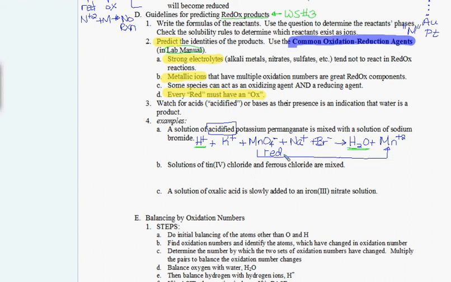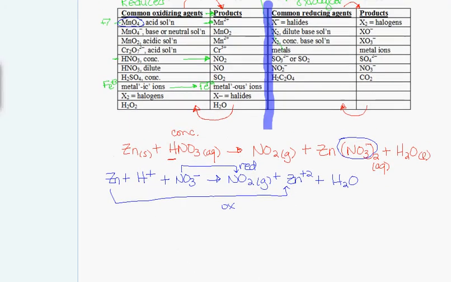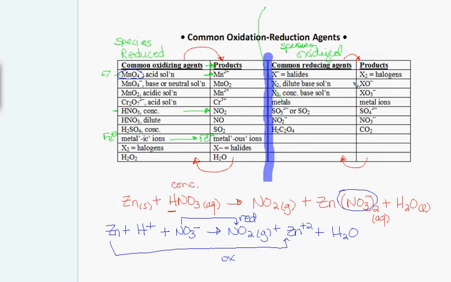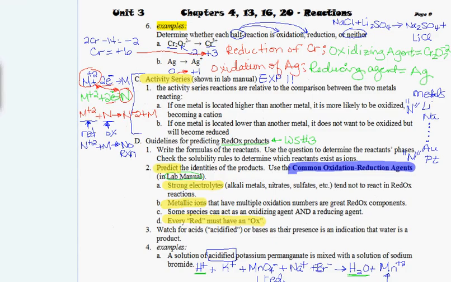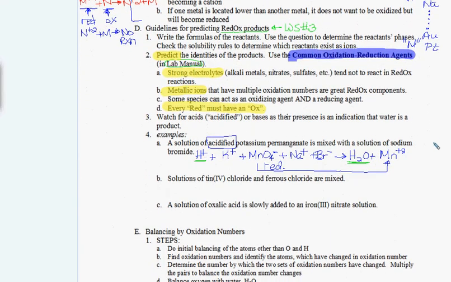And since that's the species being reduced, we now need to look on the other side of the table to see if we can identify something that could be oxidized. If you remember, we had bromide, and there's the bromide ion. It's written sort of in secret as a halide. But notice it's going to be turning into a halogen. So that is going to be our second product.